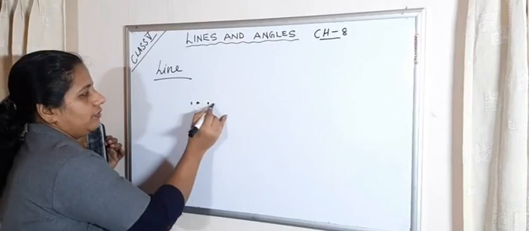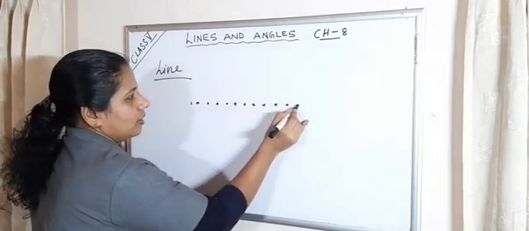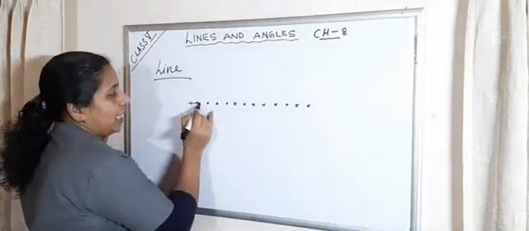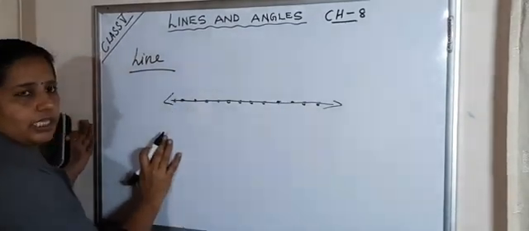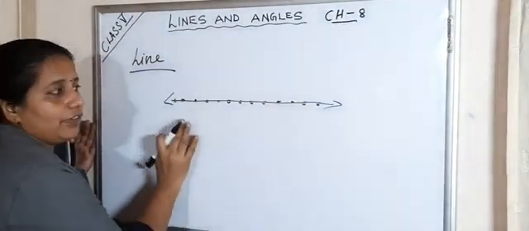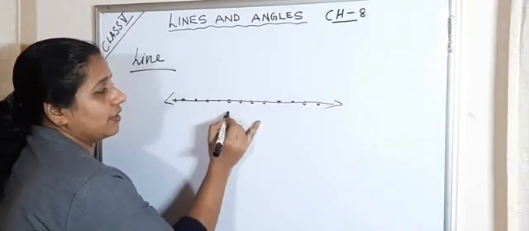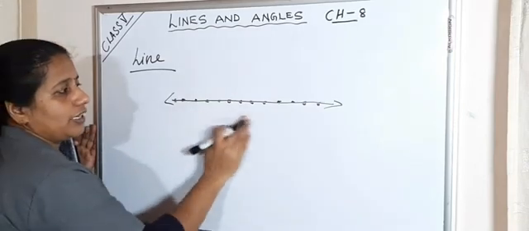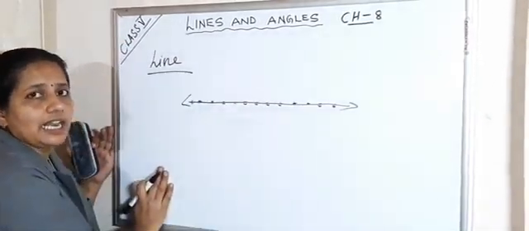Look at here. When we join straight points put on a straight way, that is joining an infinite number of points together, we will get a line.